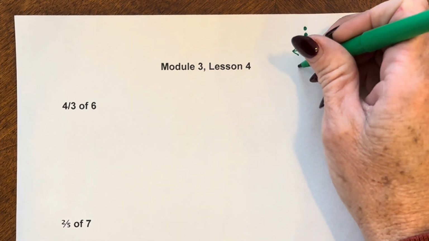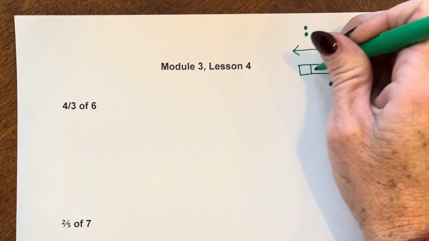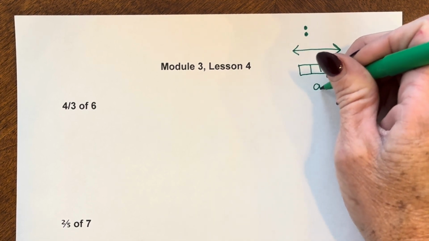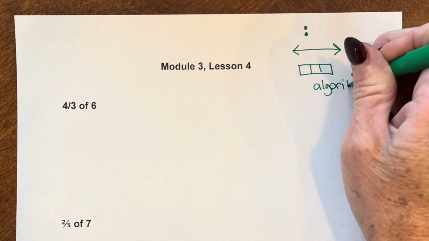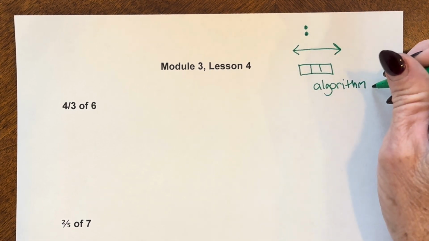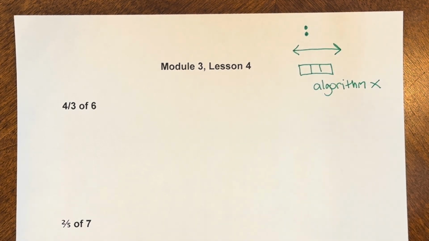We have learned a tape diagram method. And then we also learned last night just using what we could call the algorithm, where we multiply straight across. So we've learned 4 methods, and I think it's nice to be able to use different methods for different problems.